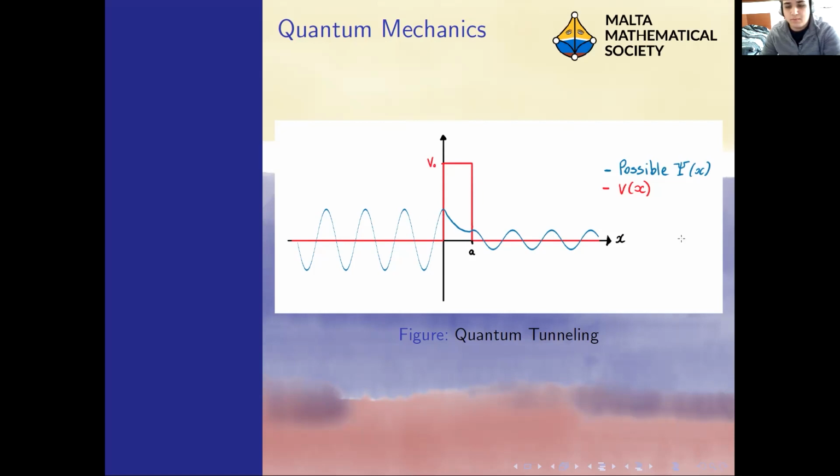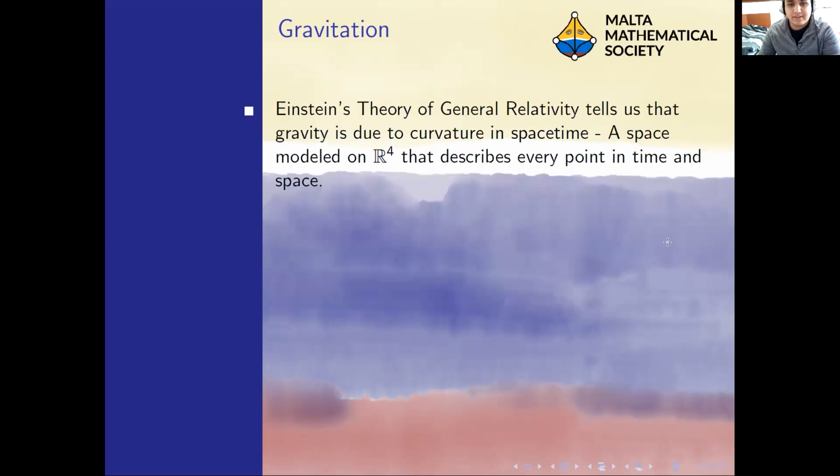So finally, I'll move on to gravitation. Without non-Euclidean geometry and differential geometry, none of Einstein's gravitational theory would be a thing, because it's completely based on the idea that mass influences the shape of space.